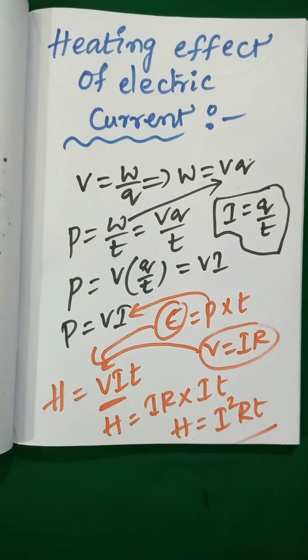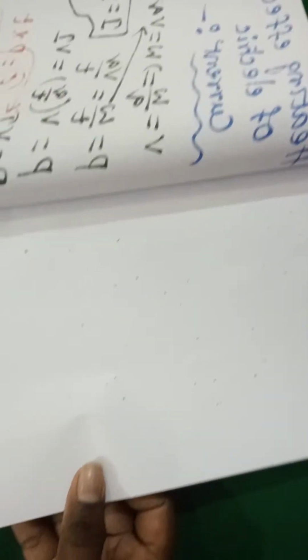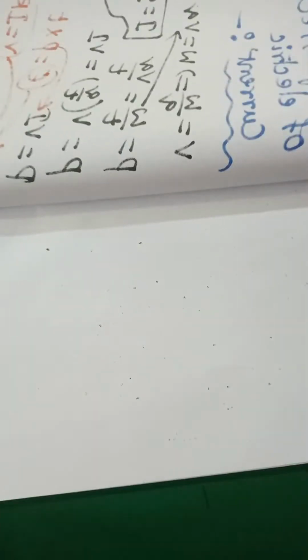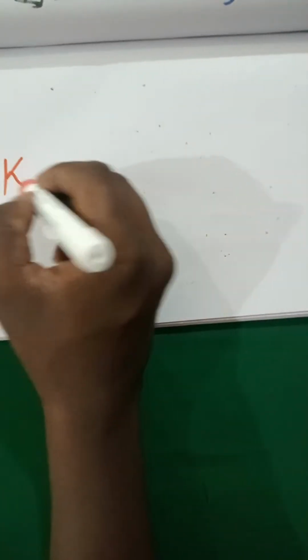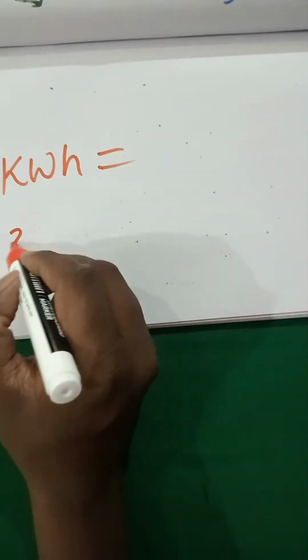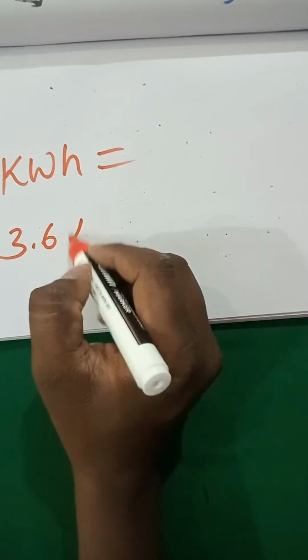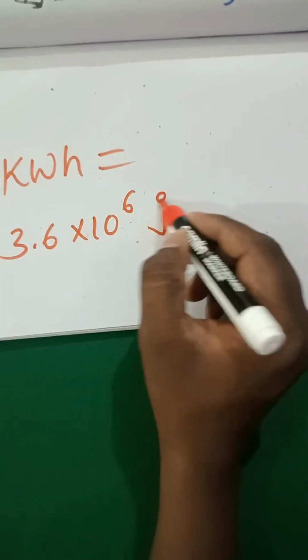So 1 kilowatt hour. This is the last and very important point, so I'll end with this one point. Check once here, electrical power. 1 kilowatt hour equals 3.6 into 10 power 6 joule.